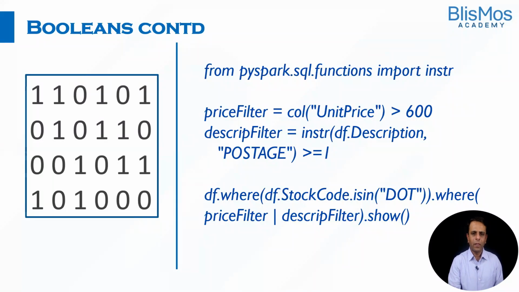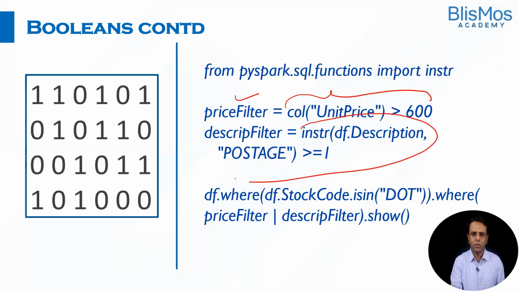If you see here, what we are trying to do is assign a condition to a variable. Price filter is one variable, and another condition, a description filter, to one more variable. We are using these two variables as a part of our Boolean expression. This is the data frame name and we are using a filter with two conditions.